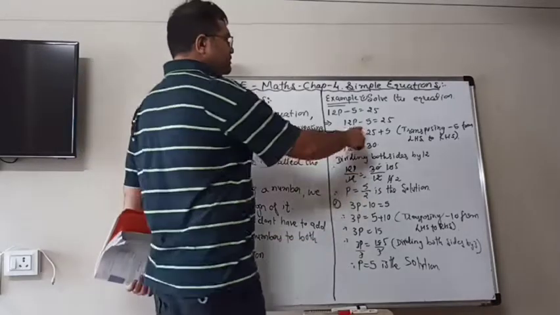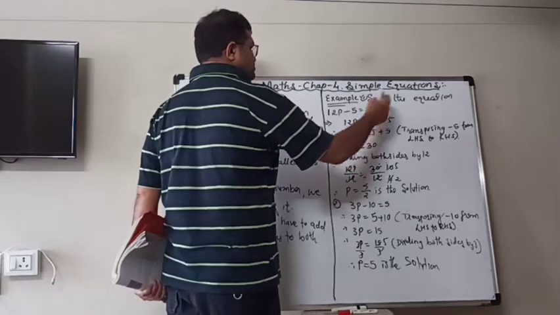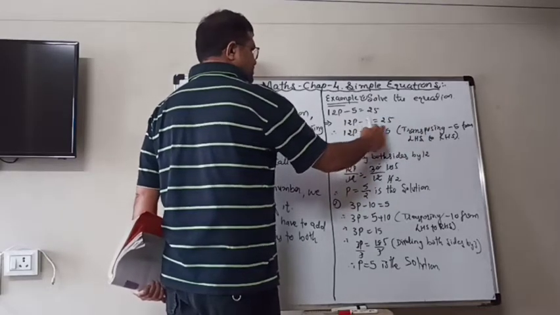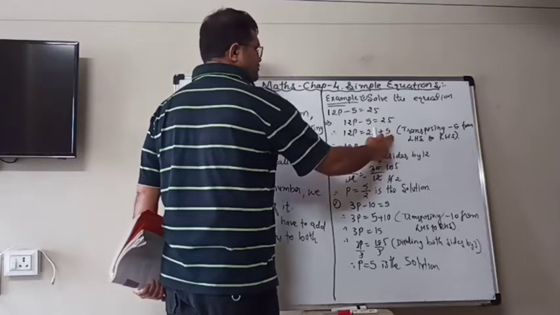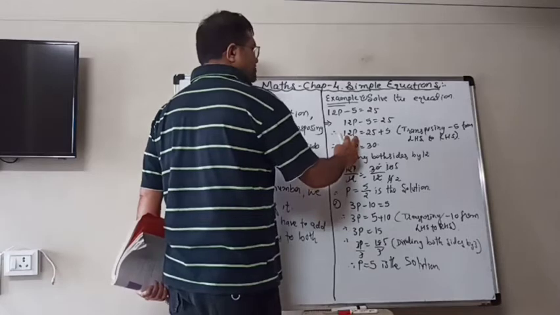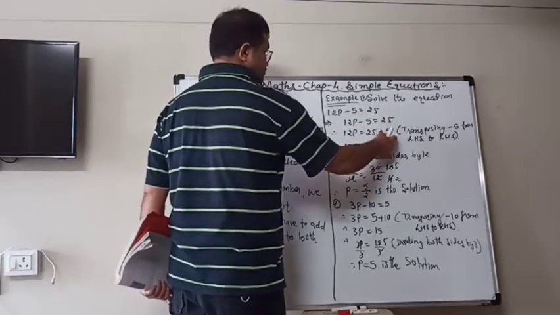Here directly we are transposing this minus 5 from LHS to RHS. So from LHS it is minus, it becomes plus here. So directly we write down the steps. 12p is equal to 25 plus 5. What did we do?